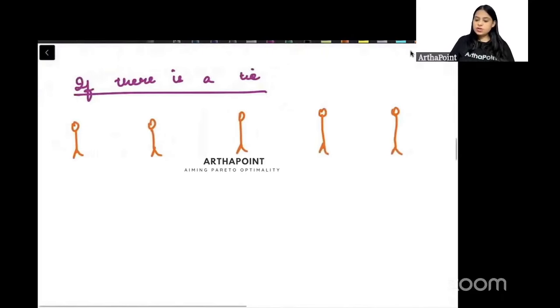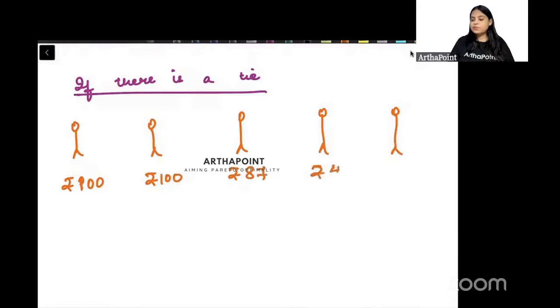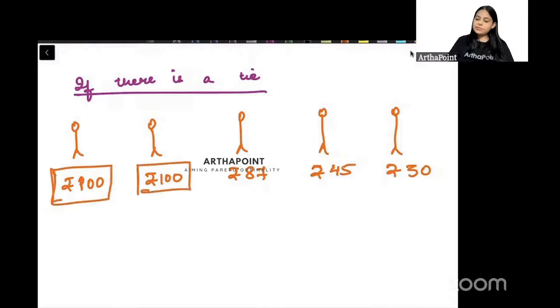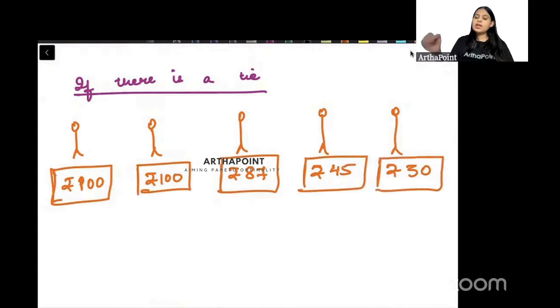The first individual has bid 100 rupees. The second also bid 100. The third has bid 87. The fourth has bid 45. And the fifth individual has bid 30 rupees. These are the bids they have submitted to purchase the painting, in different envelopes. Now, there is a tie between individual 1 and 2.